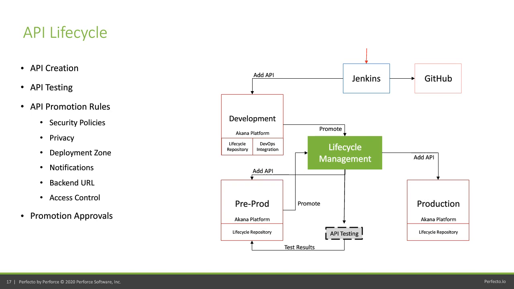On top of the promotion rules, we can introduce promotion approvals by designated user or roles. We may not introduce the approval process when we promote it from development to pre-prod, but we really want the teams to get involved, get notified, and give their consent and approval that yes, we are ready to onboard this new API.